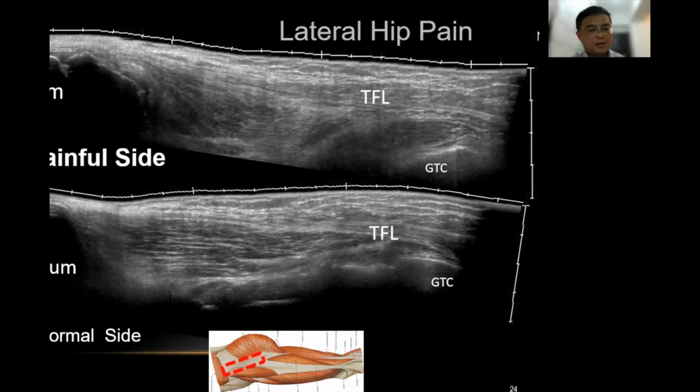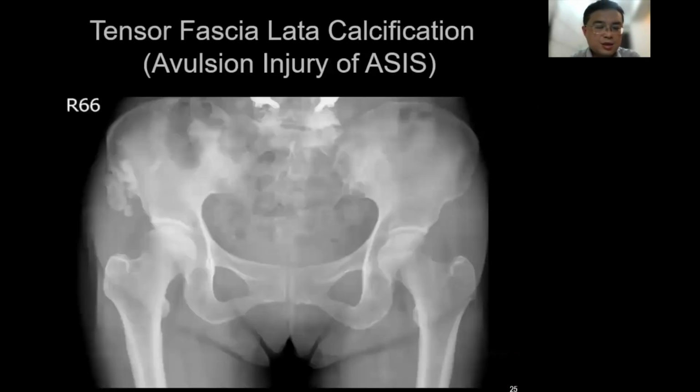So we suspect the patient had an injury of the tensor fascia lata before, and then calcification developed inside the muscle. So here we can find there is a huge calcification over here. It could be the deposit after avulsion injury, or another possibility is myositis ossificans.